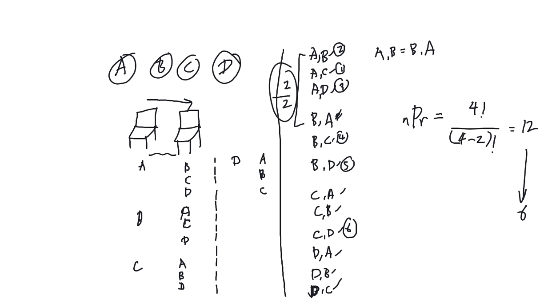Similar to AC and CA. Because there are 2 chairs, there are 2 positions, and we disregard the sequence, so instead of 2, they are considered the same thing.